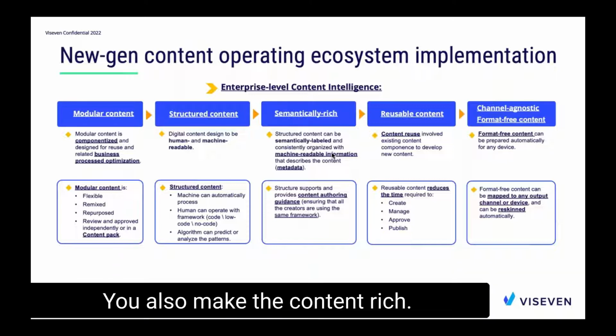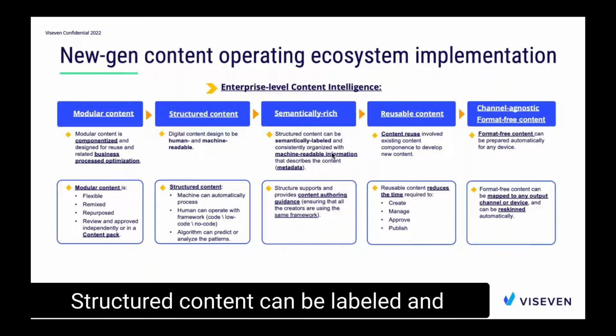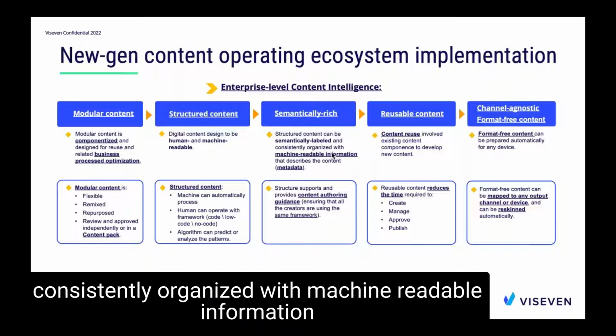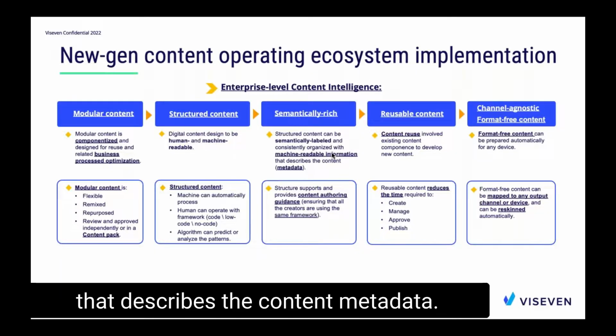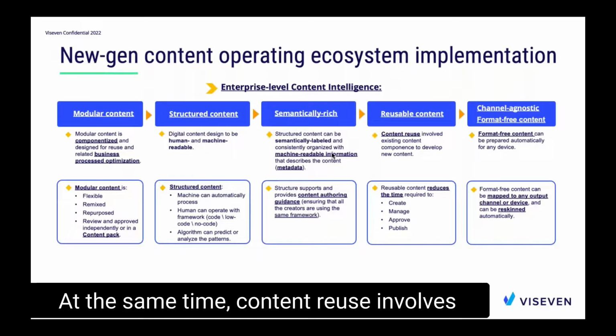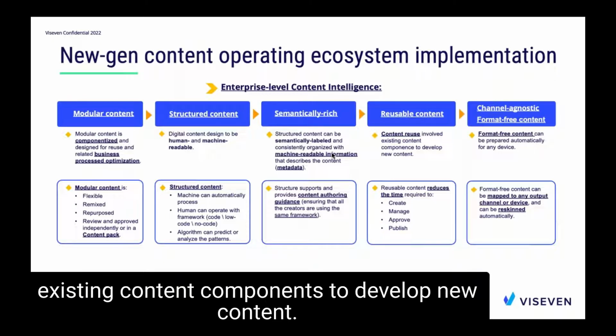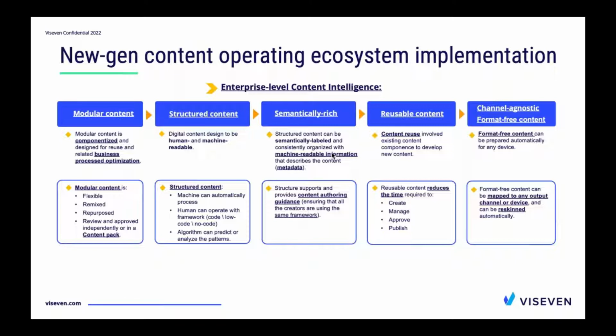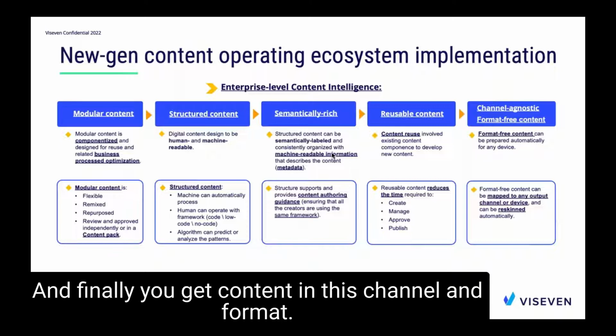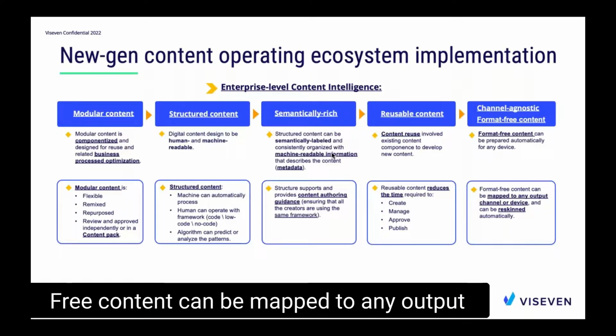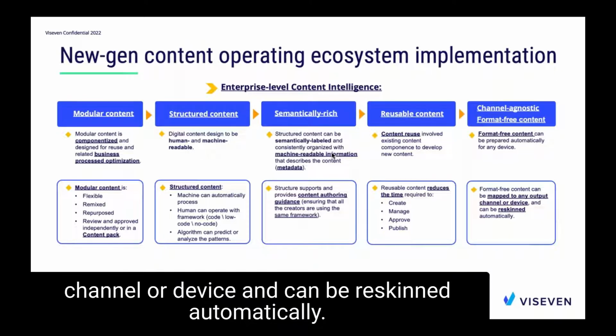You also make the content rich. Structured content can be labeled and consistently organized with machine-readable information that describes the content metadata. At the same time, content reuse involves using existing content components to develop new content. And finally, you get format-free content. Format-free content can be mapped to any output channel or device and can be reskinned automatically.